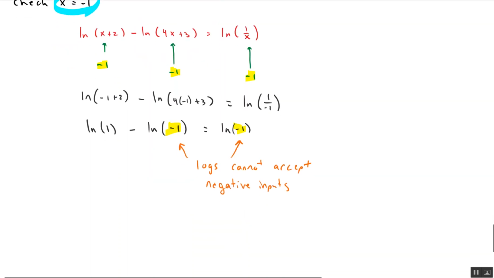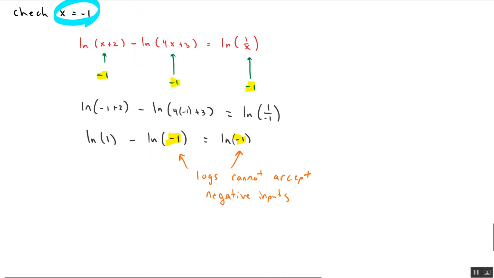So what that tells us is x equals -1 is an extraneous solution, meaning it is a fake solution.